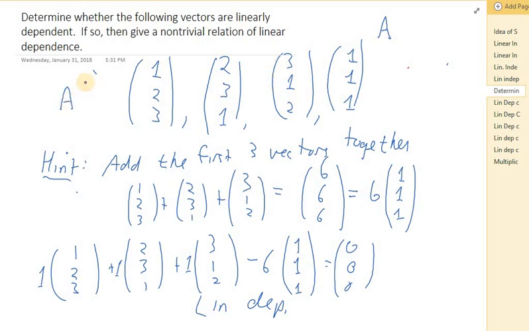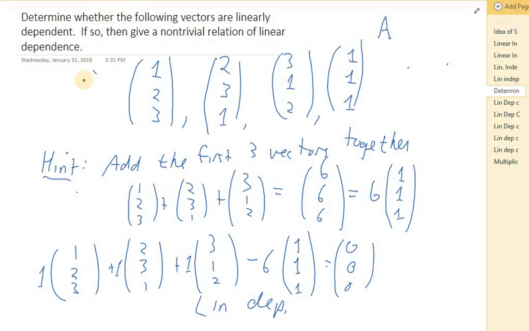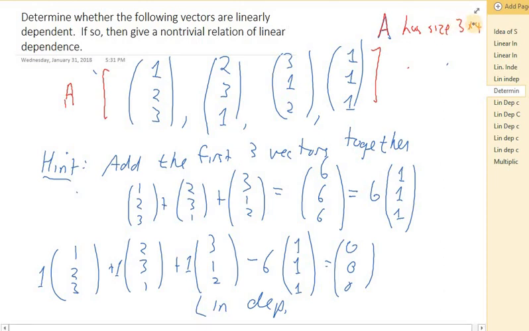Okay. So in this case, my matrix A, well, what's the size of matrix A? So A is going to be, well, here, let me do it in a different color so you can see that I'm adding stuff. So the matrix A will consist of these four columns. Now, what's the size of A? It has 3 rows and 4 columns.